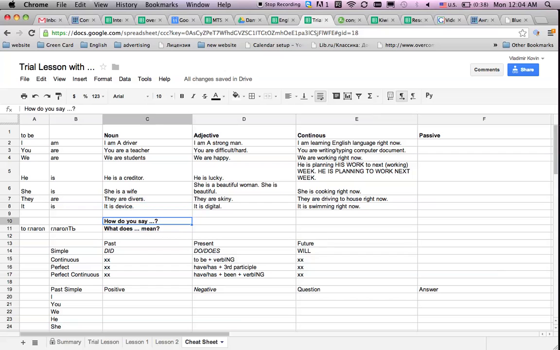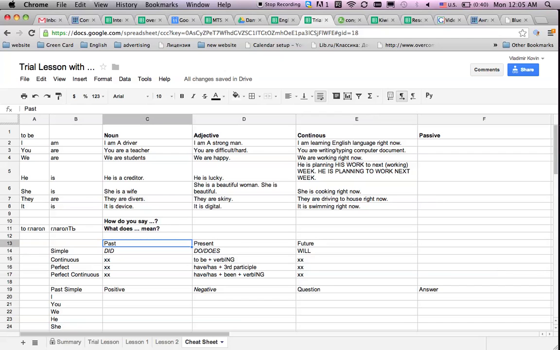And then I go back down and I explain to them there is past tense, present tense, and future tense. Then I explain there is simple, continuous, and perfect continuous. I also tell them that where I have XX, those tenses we will not cover, as they are seldom used and they are not important at this point.